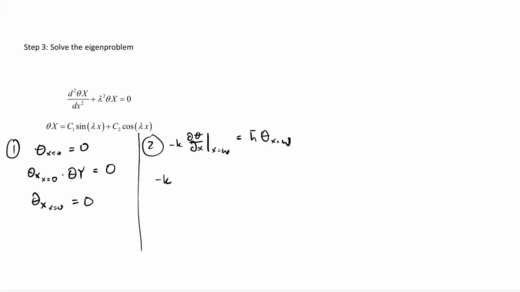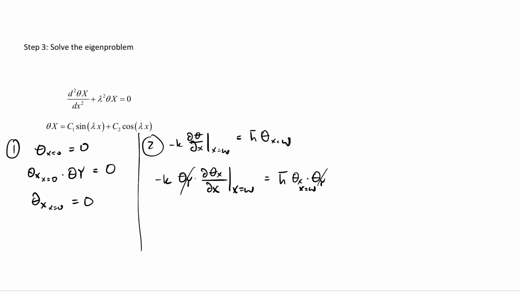Theta y is a constant, so it becomes theta y times the partial of theta x with respect to x at x equals w is equal to h bar times theta x times theta y. So theta x is at x equals w. So now on both sides of this equation, we have theta y, which again is not changing as a function of position x.